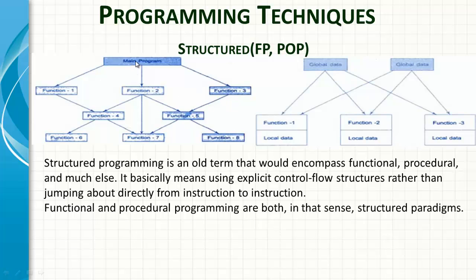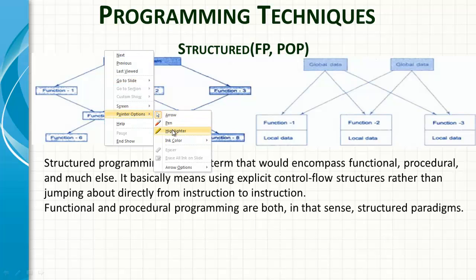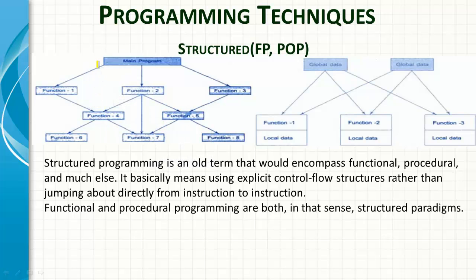So there used to be a main point where the program used to start, and after that the program used to go to this function, this function, this function, and then the whole chain was followed, right? This is how the programming used to work.